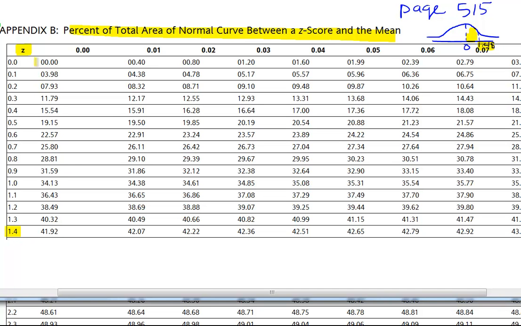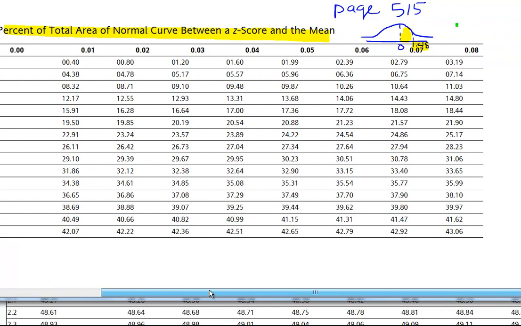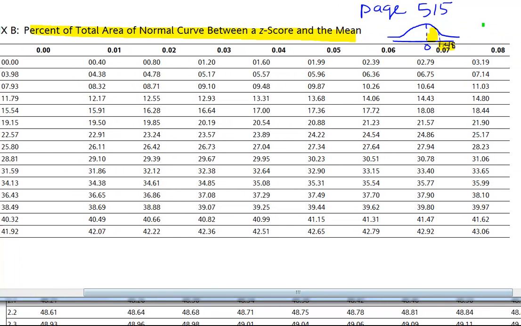So that's what we're looking at. So 1.4, and then we have to scroll over a little bit. Let's see. So we'd start out here, 1.4, and we go all the way to 8. So 1.48 at the top. So it would be, this area here would be 43.06.